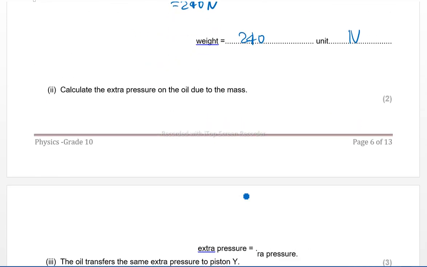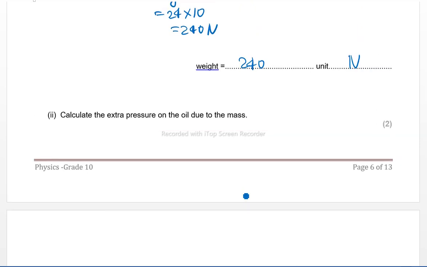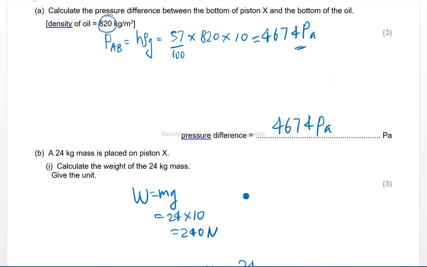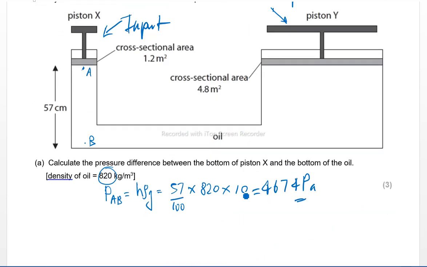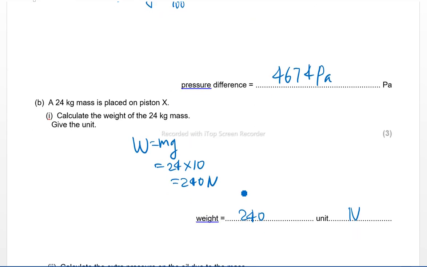Calculate the extra pressure on the oil due to the mass. "A 24 kilogram mass is placed on piston X." I'm sorry. The 24 kilogram mass is placed at piston X. So you have to find the pressure caused by the mass placed at X. So the mass is 24, so the force is 240.